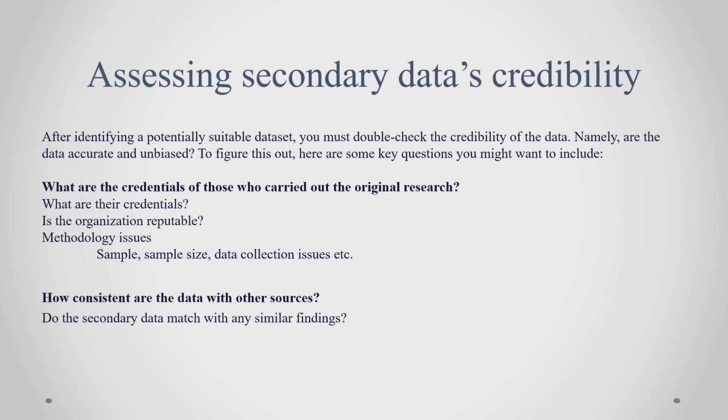And then, of course, we also want to assess that data's credibility or potential accuracy. That is, what are the credentials of those who carried out the original research? There are lots of data online that were collected by people who are not data collection experts. And then there is a question of bias in the data collection people. We see that when people who have a vested interest in the size of the data, for instance, being larger or smaller.